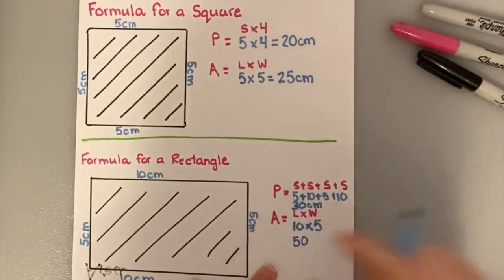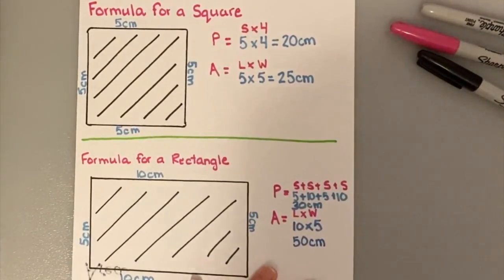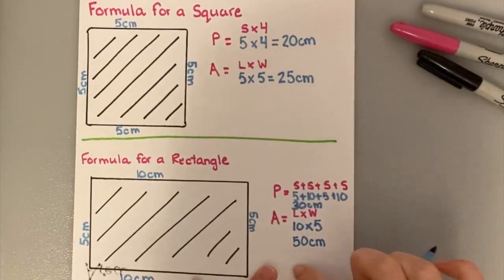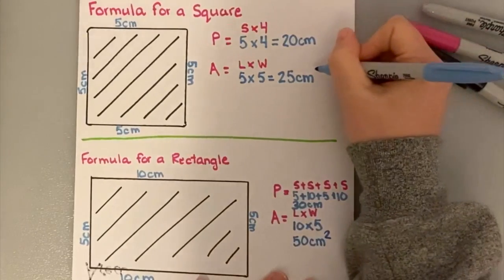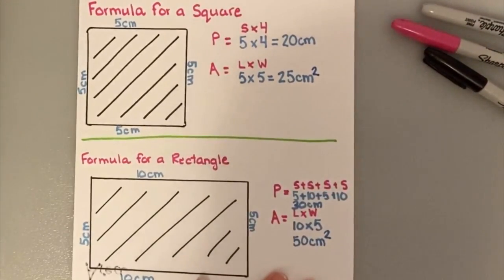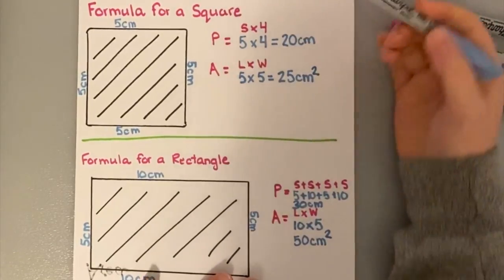And I need to make sure I put my centimeters. And then because it's area, we could put a 2 up here because it would be centimeters squared for both our areas. Okay, so that is how you figure out area and perimeter for both a rectangle and a square.